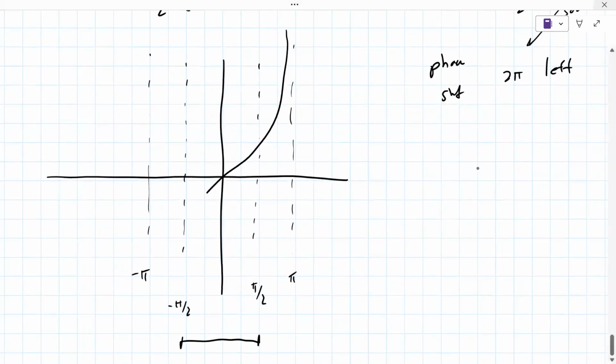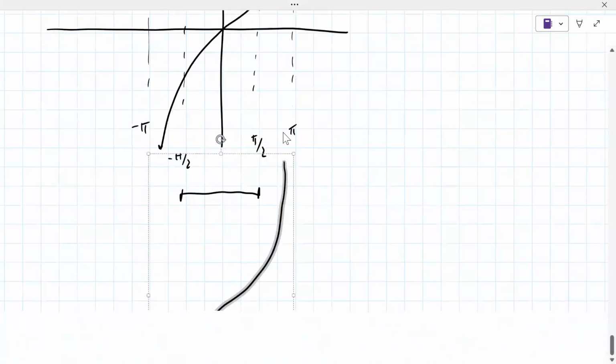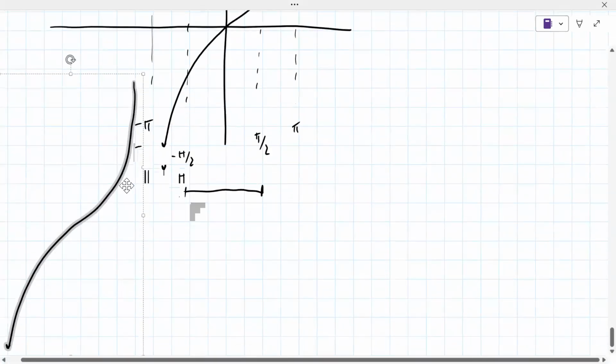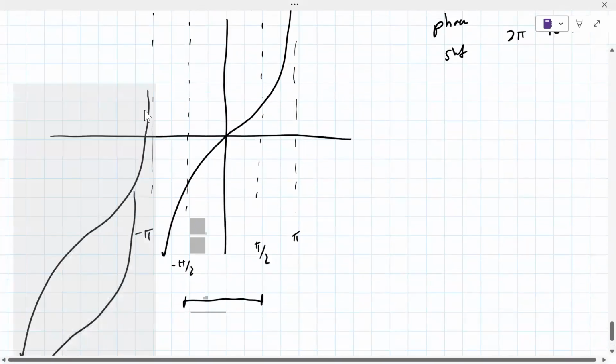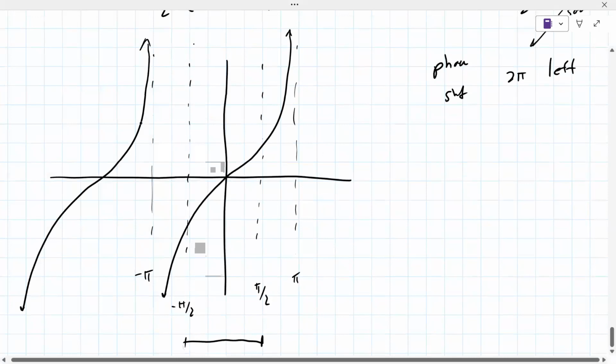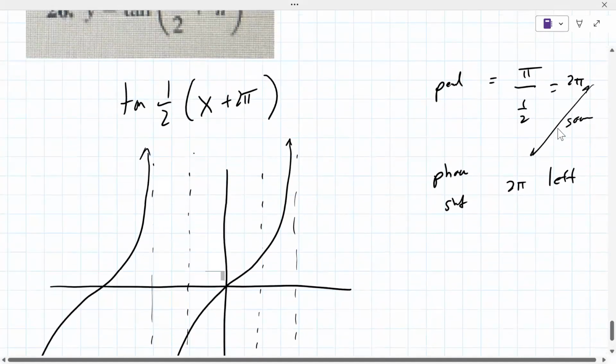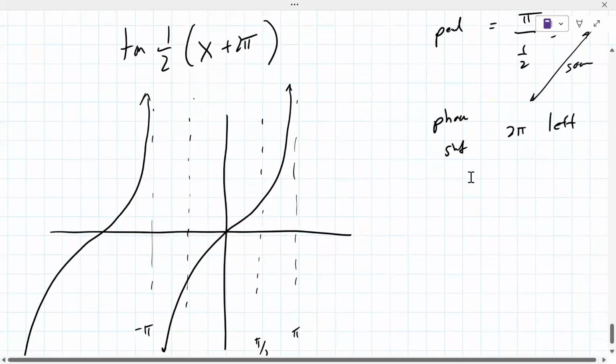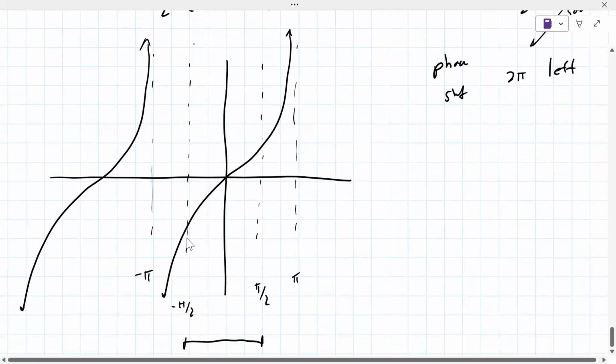And then if you move everything left 2 pi, well, because it's periodic, it's going to repeat and repeat. So there's certain situations where these sort of undo each other. I don't know how much of that you're going to have in this class, but that would be something to look for. So it ends up being the same as just the base one here.